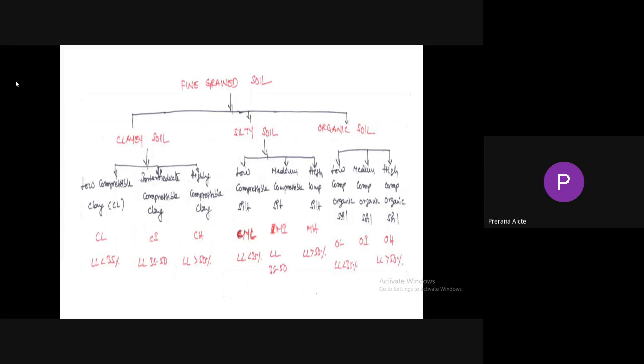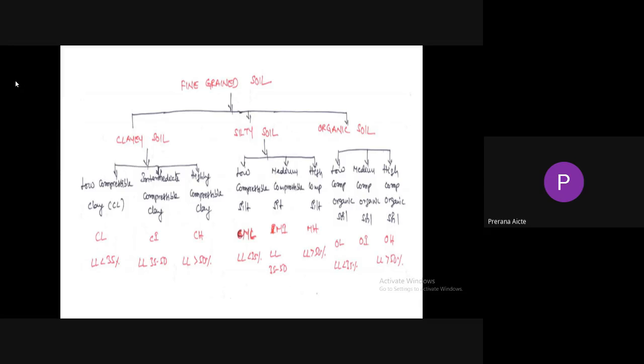Similarly, in the Latin language, silt is called mist. Generally we follow that Latin language. That's why in soil mechanics, silt is indicated by the first letter M, for mist.